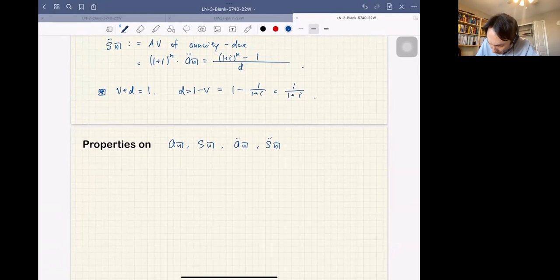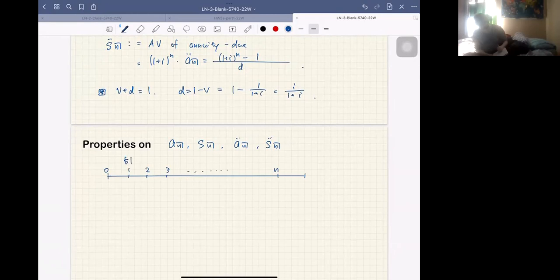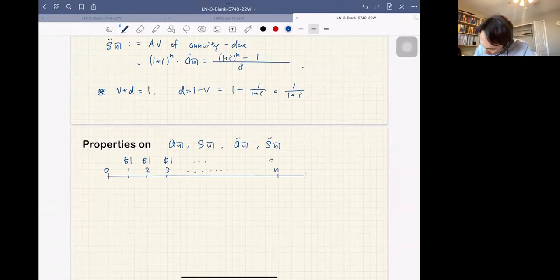At first, we think about the time diagram, maybe from 0 to n plus 1. And so we think about the $1 cash flow from 1 to n: $1, $1, $1, $1. Okay.